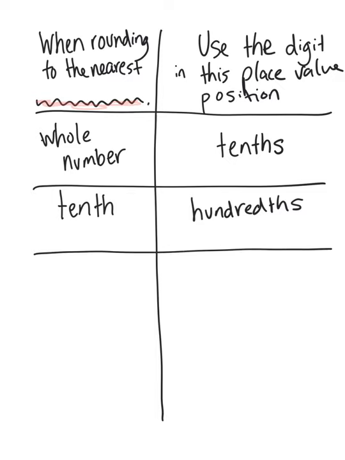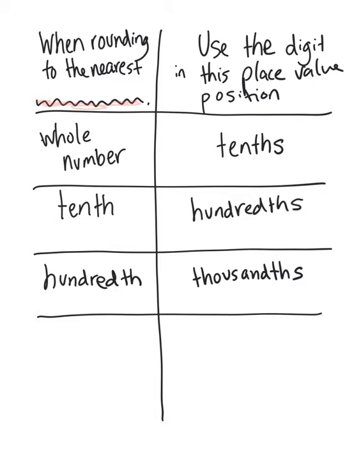When you're rounding to the nearest hundredth, you're going to use the digit in the thousandths place to help you determine if you need to round up or down. And most likely you won't be asked to round to the nearest thousandth.